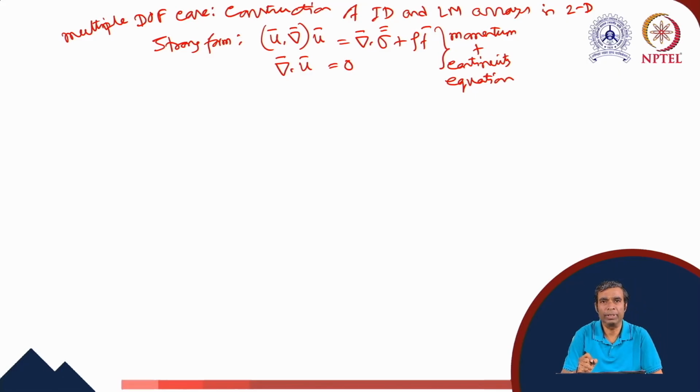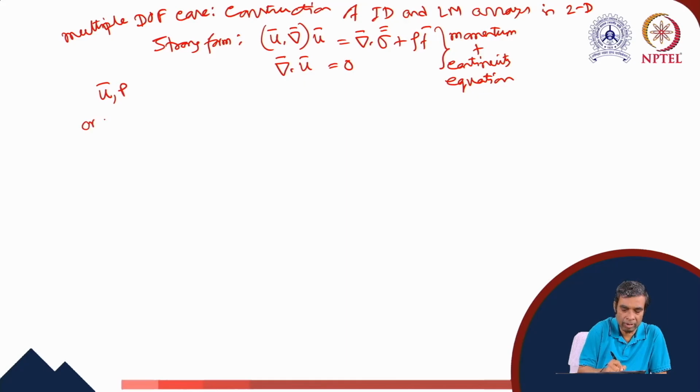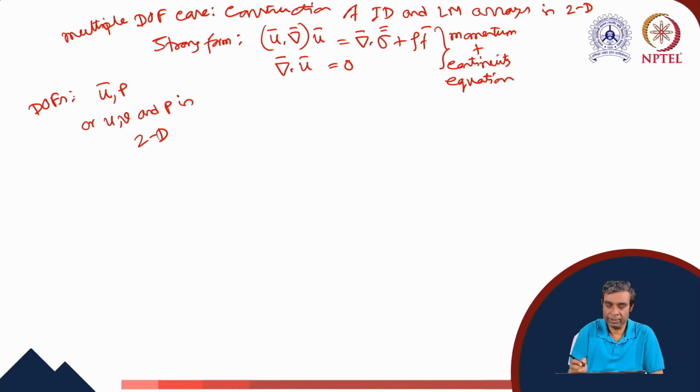Now we consider a model problem for which we deal only with the essential boundary conditions. For this case, our degrees of freedom are the velocity vector and pressure, or u, v and p in 2 dimensions. So these are the primitive variables.